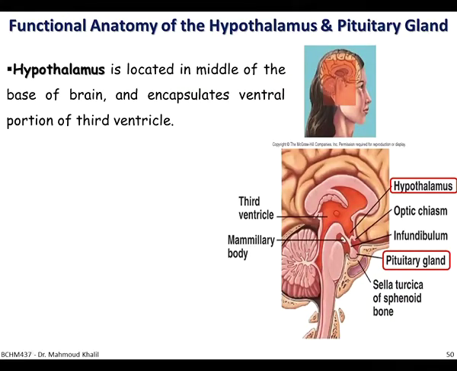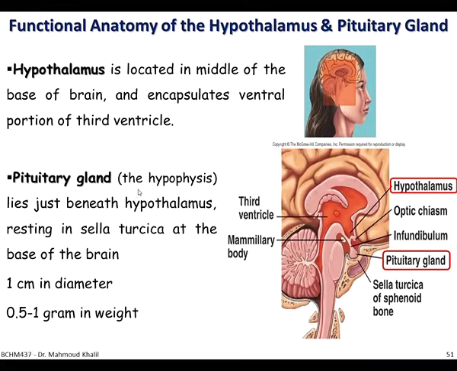So where is the hypothalamus? The hypothalamus is located in the middle of the base of the brain, and is encapsulated by the ventral portion of the 3rd ventricle of the brain. So you can see the hypothalamus is here, and this is the region of the brain called the 3rd ventricle.